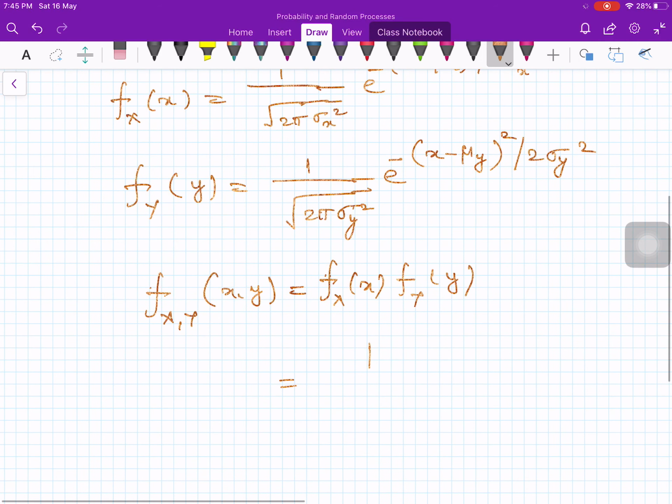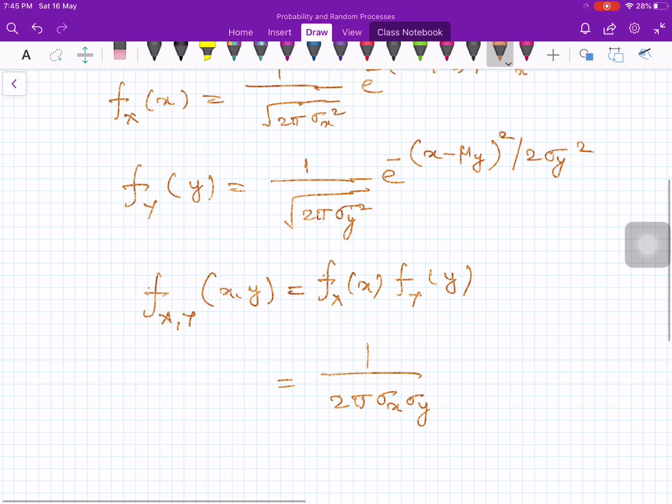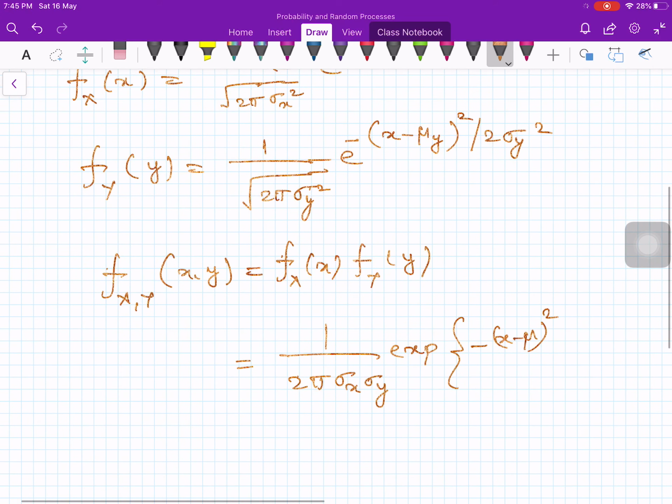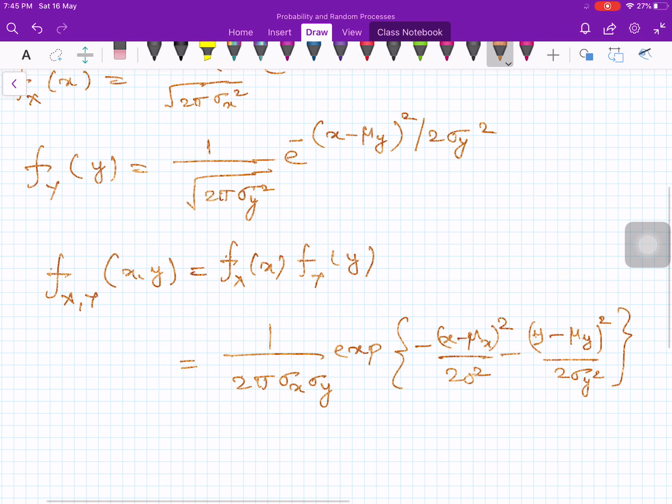If you multiply these two, it is going to be 1 over 2 pi sigma x sigma y, times the exponential of minus (x minus mu x) the whole square divided by 2 sigma x square, minus (y minus mu y) the whole square divided by 2 sigma y square. So this is the joint probability density function.